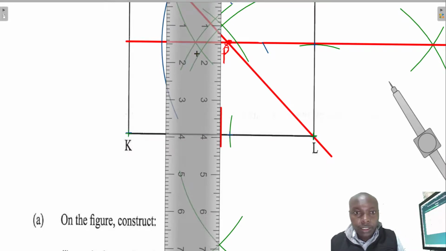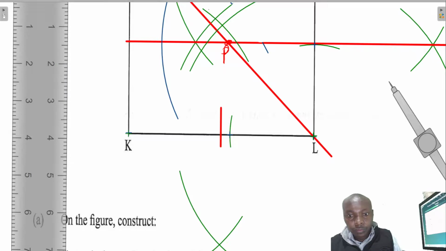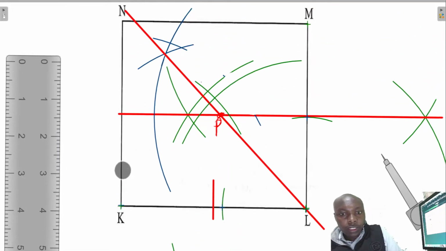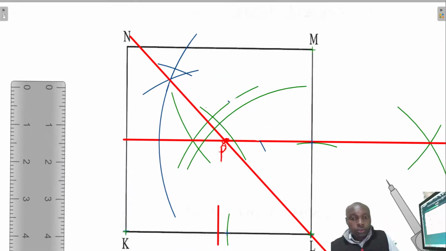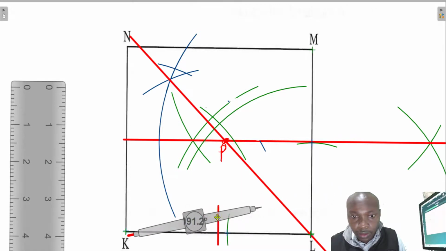Having that now as the center, to draw, I will use this one as the radius. This will now be the radius.